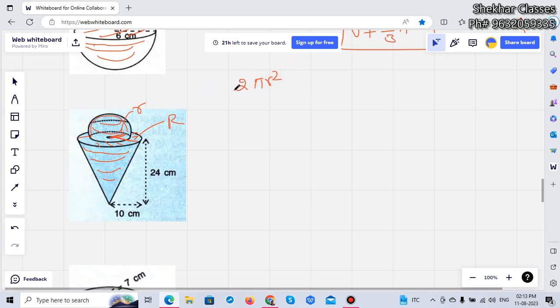This is the curved surface area of the hemisphere. And then the curved surface area of the cone, plus the area of the ring. Getting my point? Okay.